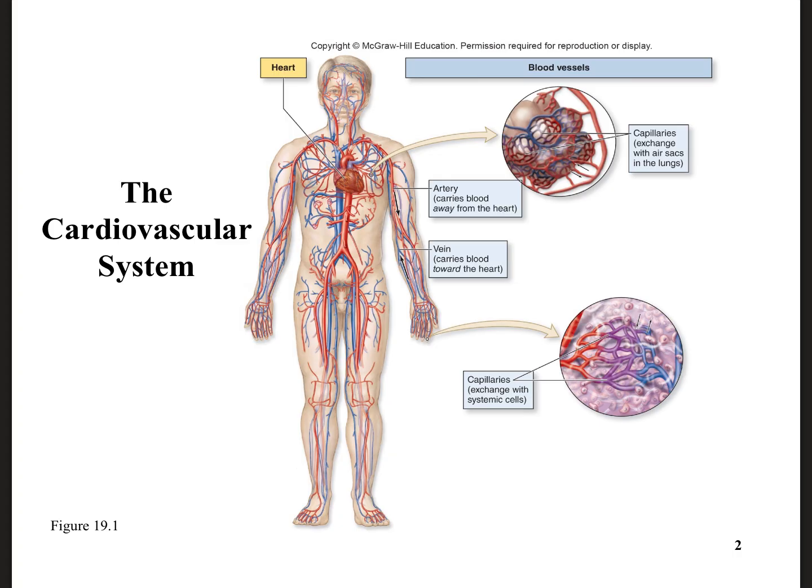Then it also transports oxygen, carbon dioxide, nutrients, hormones, etc. Okay? The cardiovascular system also helps in regulating blood pH, body pH, helps regulate water balance, all right? And it really integrates all of the systems together. Okay, so if you think about any of the systems, the cardiovascular system integrates with it in some way, right?